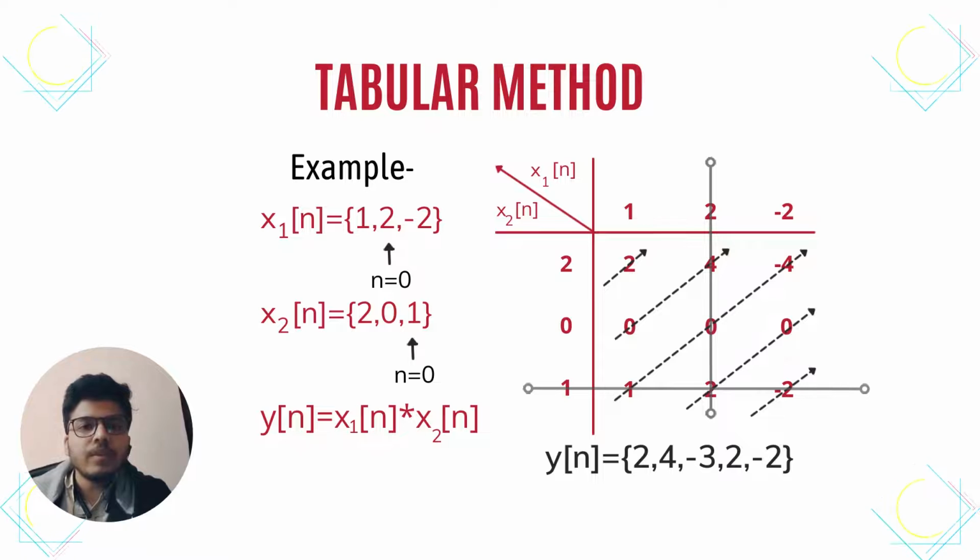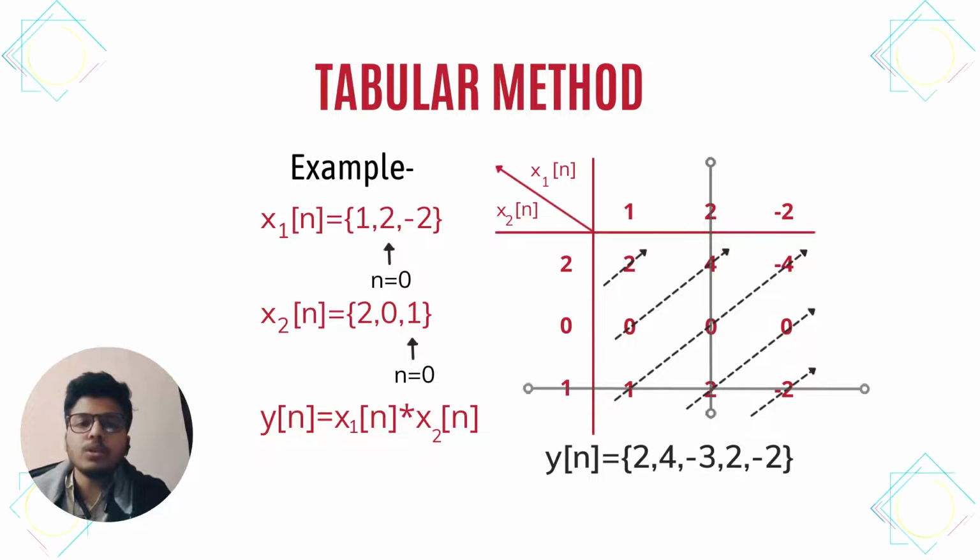Similarly, we will do for 0. 0 will be multiplied with all the values of x1[n]. We get 0 into 1 is 0, 0 into 2 is 0, 0 into minus 2 is also 0. And similarly for 1, we get 1 into 1 is 1, 1 into 2 is 2, and 1 into minus 2 is minus 2.